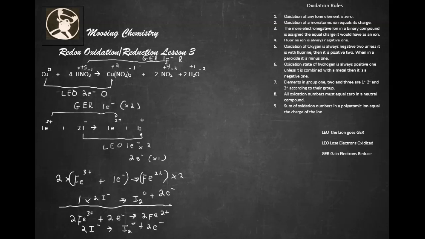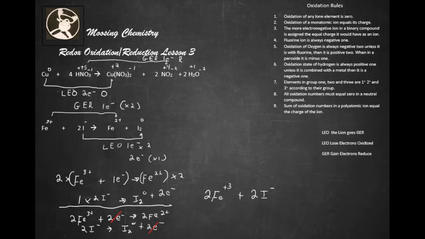Now look at these electrons, these 2 electrons. They're on opposite sides of the yield sign. So let me show you something. You can get rid of this one and this one like that. And when you do, now we can write our equation. The net ionic equation, whatever you want to call it, is going to be 2 Fe 3 plus plus 2I negative.